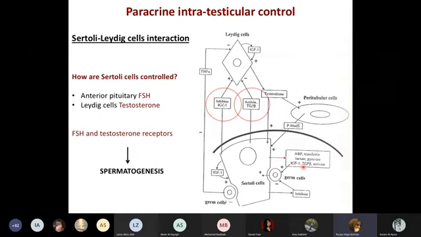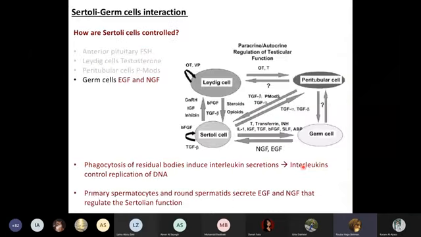Now, how do these germ cells respond? What do they secrete? They will secrete EGF and NGF, the epidermal growth factor and the nerve growth factor, two growth factors secreted by the germ cells.